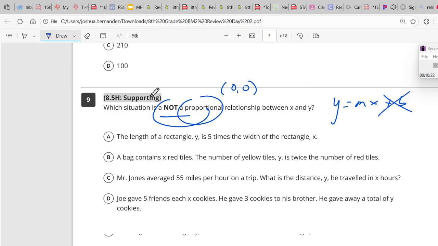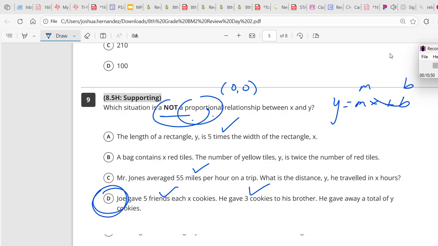To make it not proportional, you're going to have a plus b. So basically two numbers: you can have an m and you can have a b. So look for one that has two numbers. Here's one. There's the answer. Two numbers. That's easy. Sorry about that, guys.